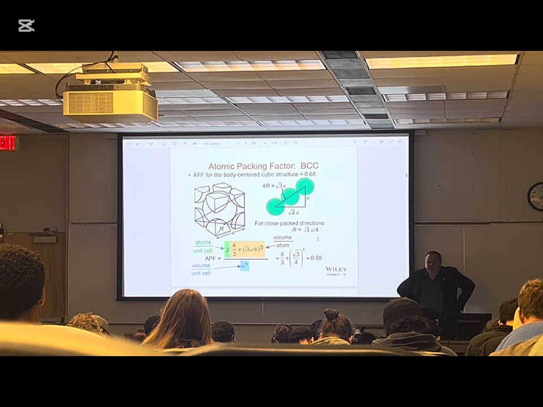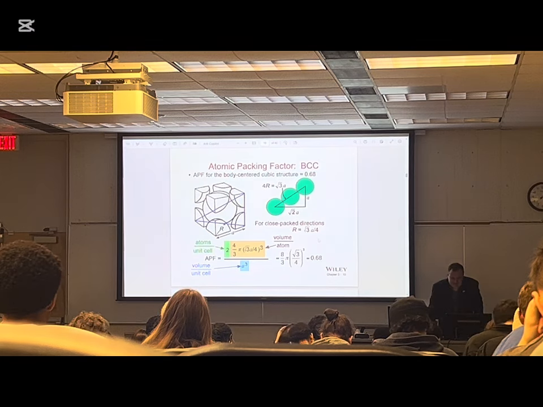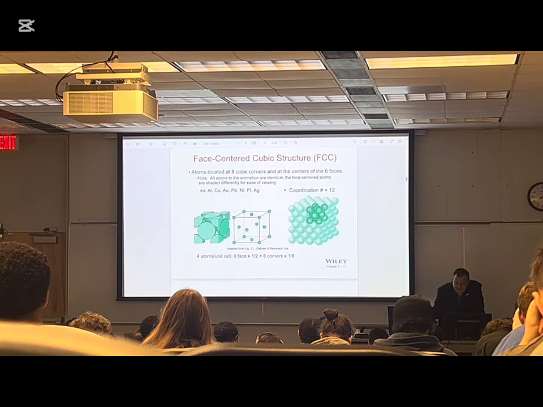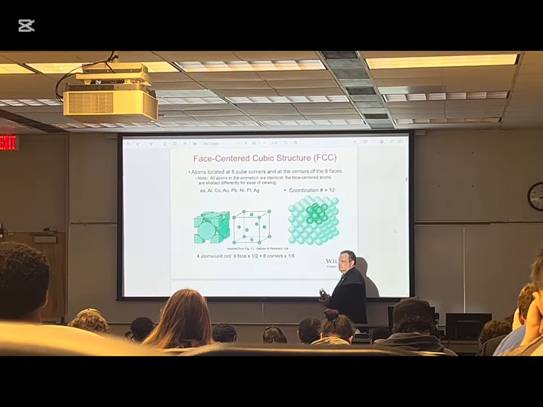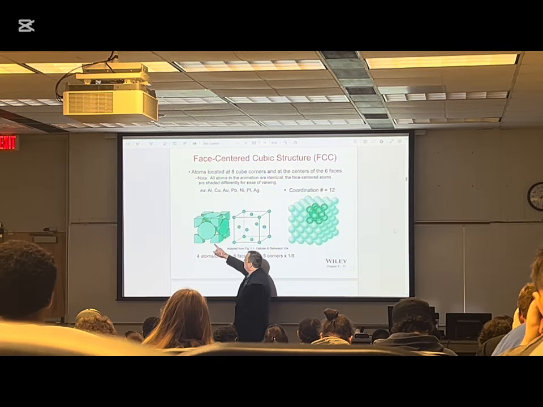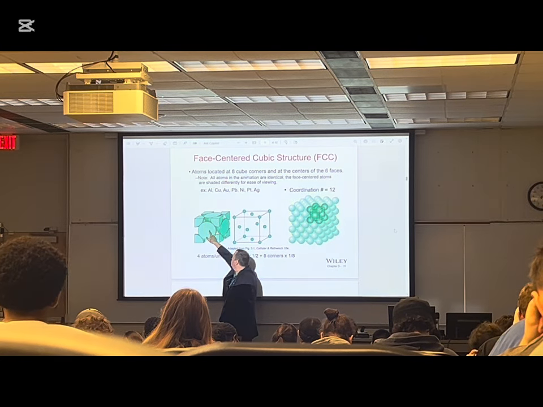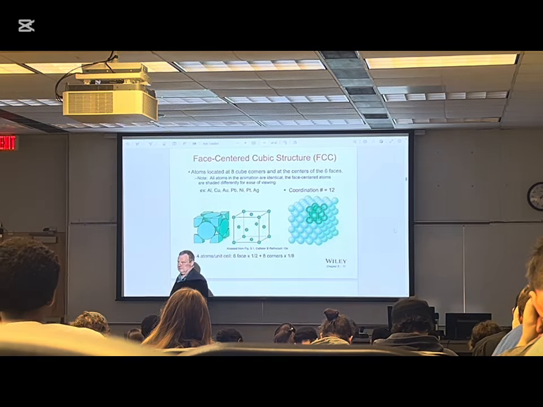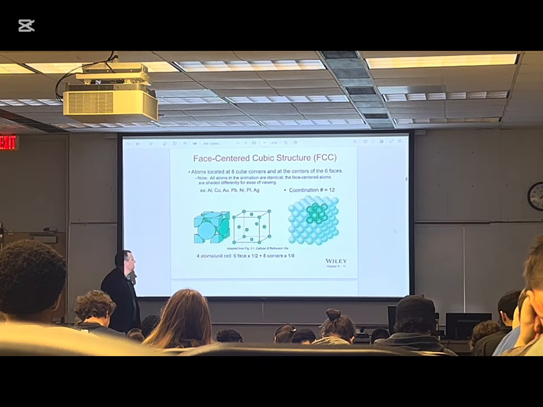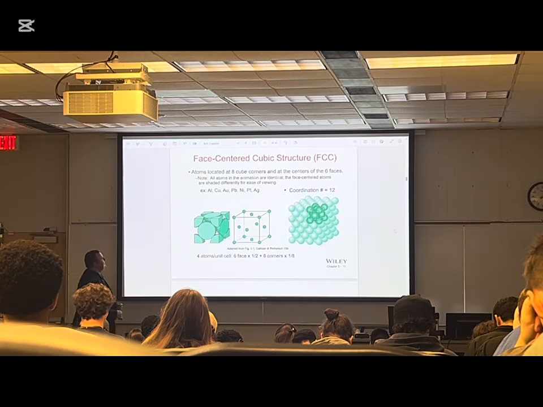Before we go to the best scenario. And the best scenario is called FCC, or face-centered cubic. So there's half an atom on each face, like this. And that's what it looks like in 3D.